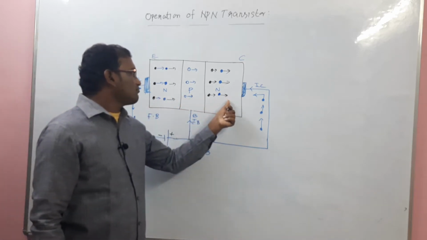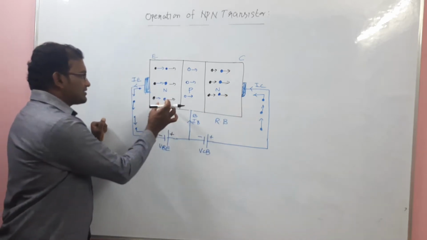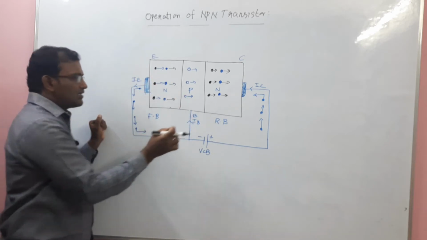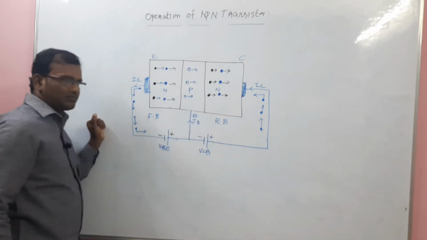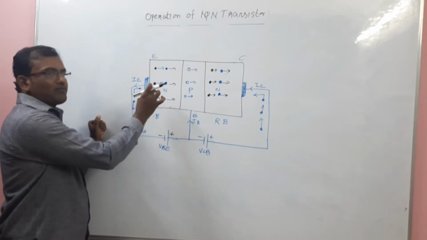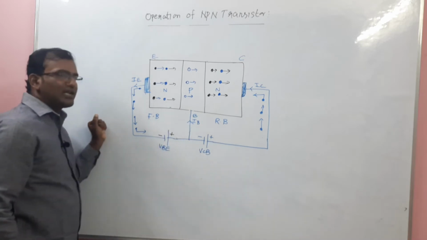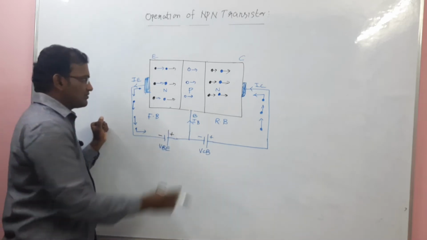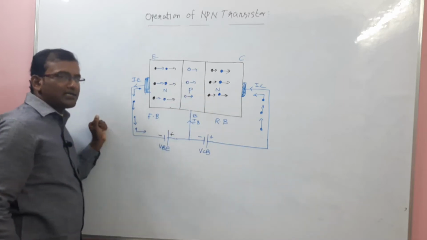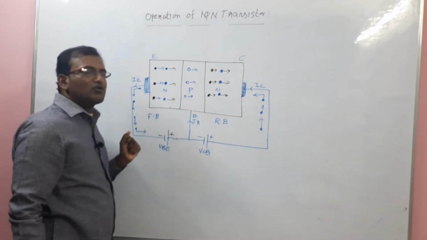Why? Because the emitter is heavily doped, so the maximum number of electrons is present in the emitter, whereas the base is a thin layer of small size, so it is lightly doped and holes are the minority charge carriers. The collector is moderately doped.